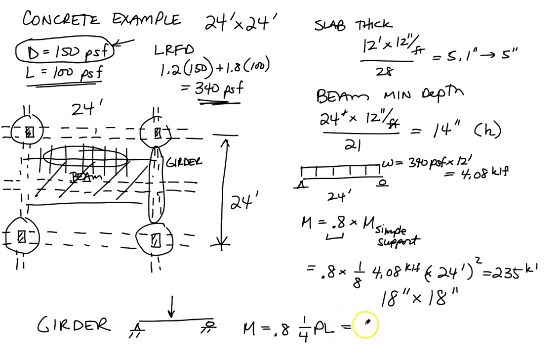If you go ahead and calculate that out, that's going to be 470 kip feet for the moment. Again, remember that you've got to take the load that's delivered to the girder from two ends of the beam in terms of calculating your P value right there.